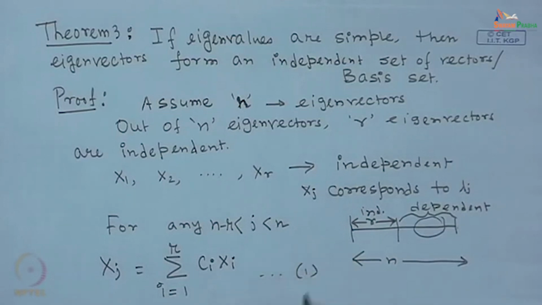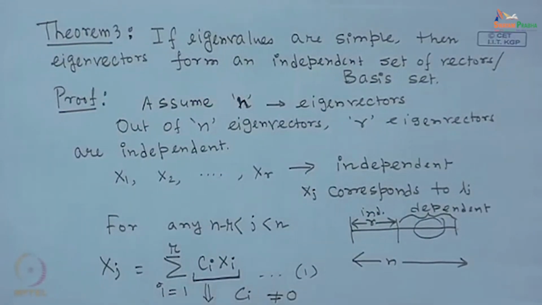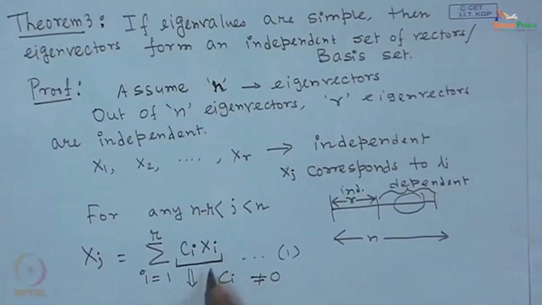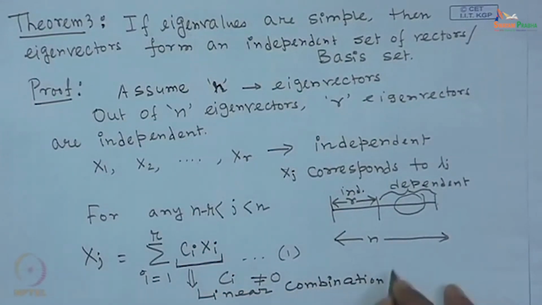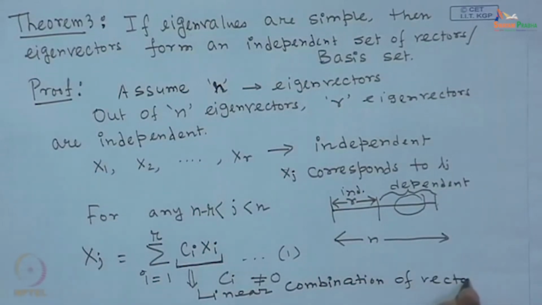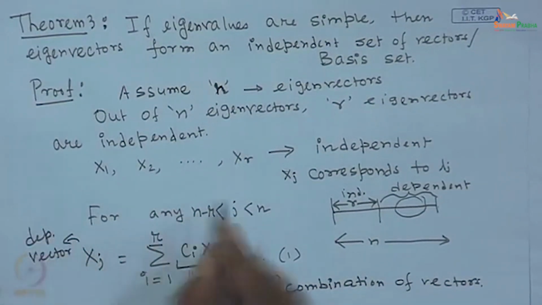This is equation number 1, but the corresponding c i must not be equal to 0. This equation represents a linear combination of vectors: c i x i is a linear combination. This x j is a dependent vector, and the x i's are all independent vectors.